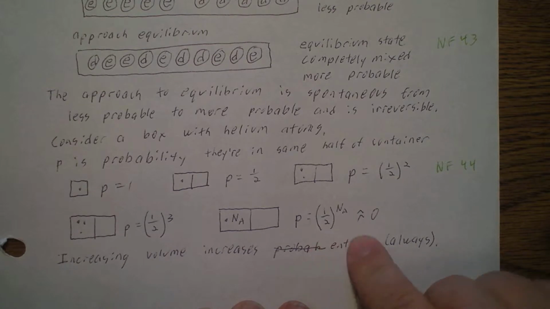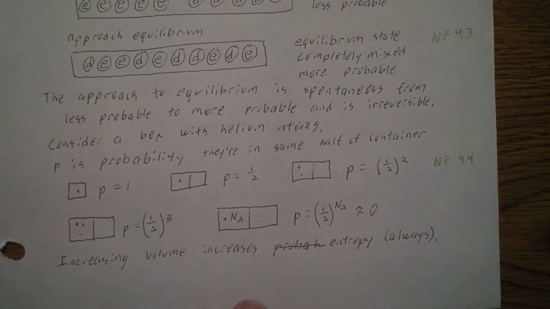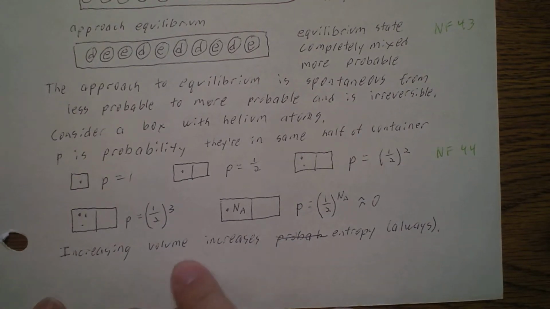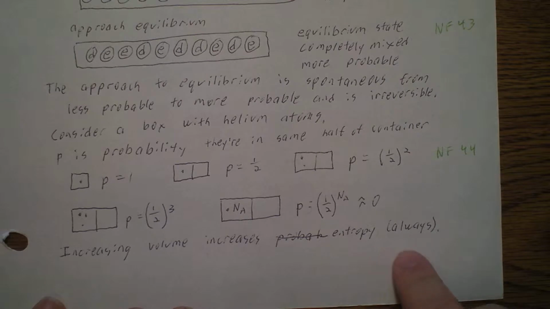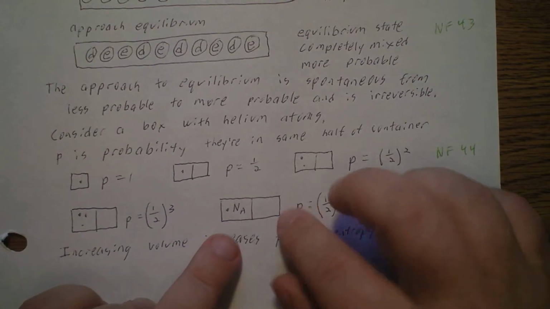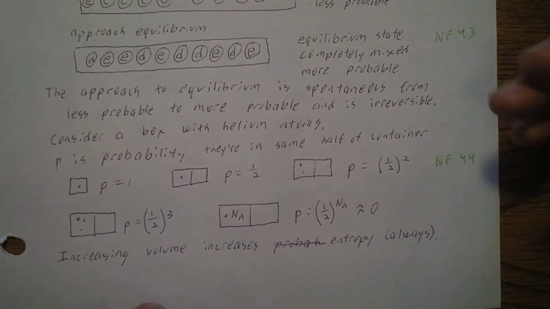That's not technically equal to 0, but it's so close to 0 that we're going to just round and say, yeah, it's 0. So that's why, a couple things. One, increasing the volume, it actually increases the entropy. This is always true. Now, it may not be obvious here because of where we divided it into two pieces, but you think about it, bigger and bigger volume, that's actually more and more pieces.